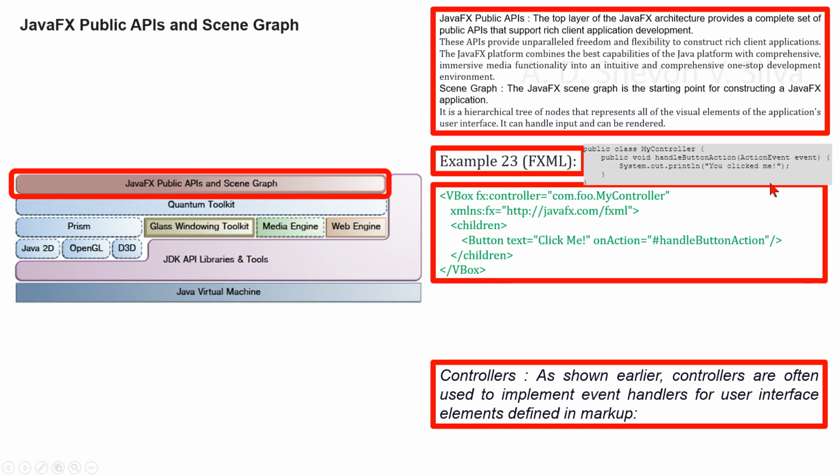As discussed earlier, the fx:controller attribute allows a caller to associate a controller class with the FXML document. A controller is a compiled class that implements the code behind the object hierarchy defined by the document.